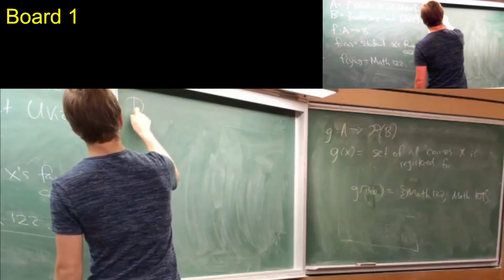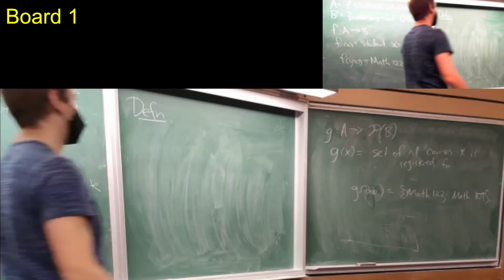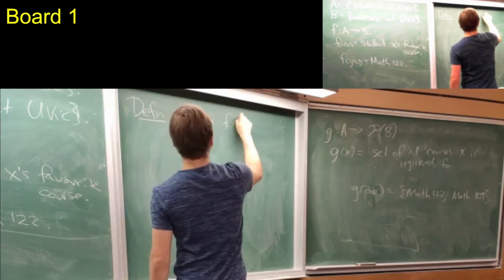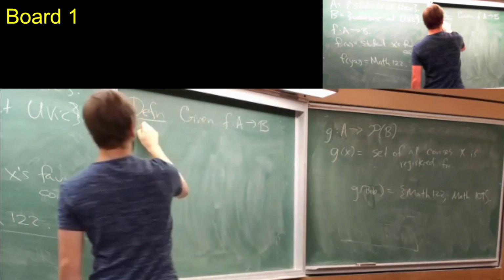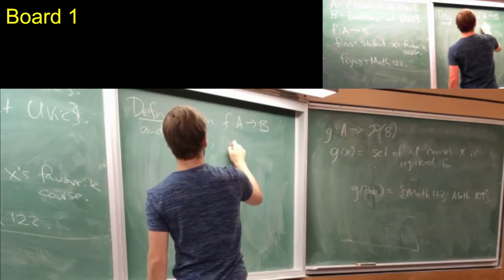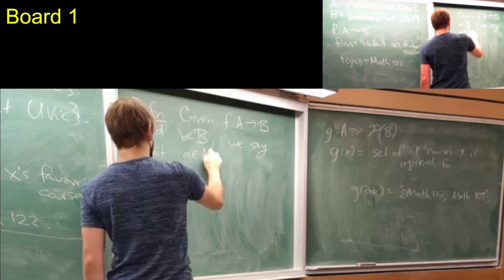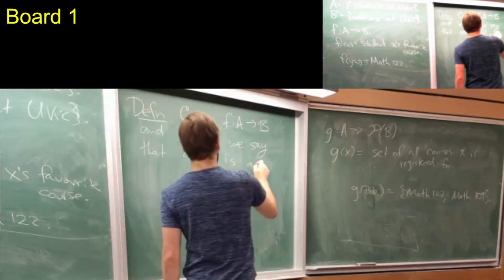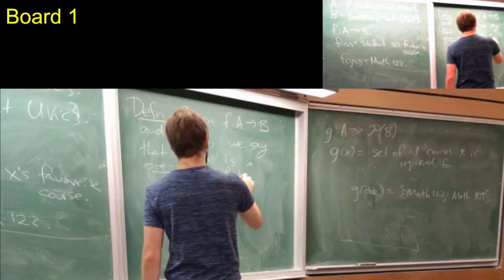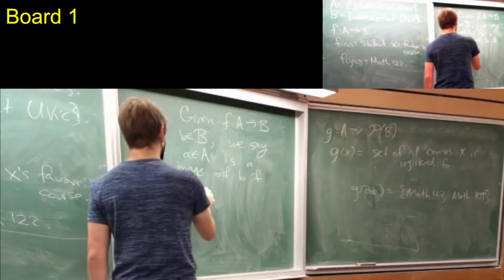So, given a function f from A to B, and an element little b in big B, we say that some element little a of big A is a preimage of b if b is the image of a. So if f of a equals b.